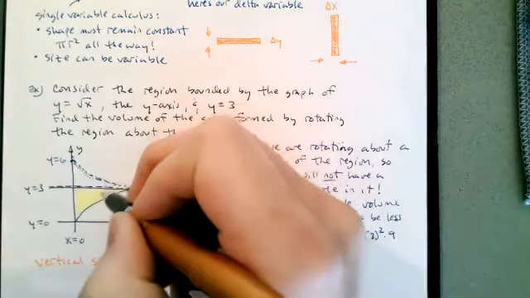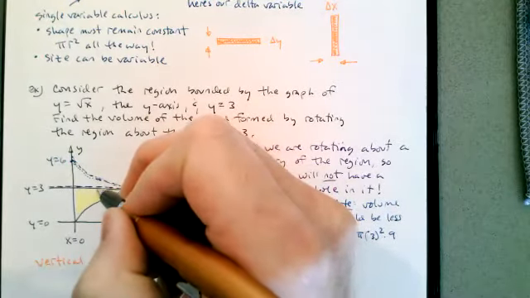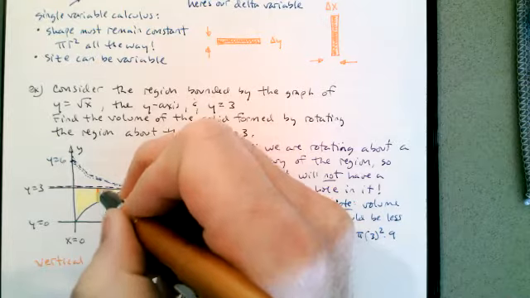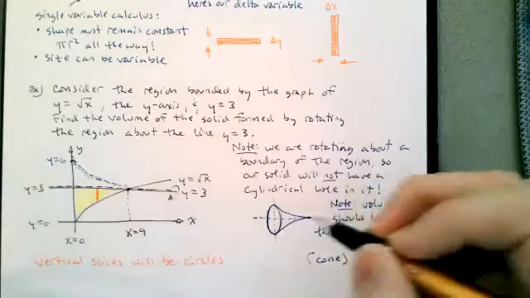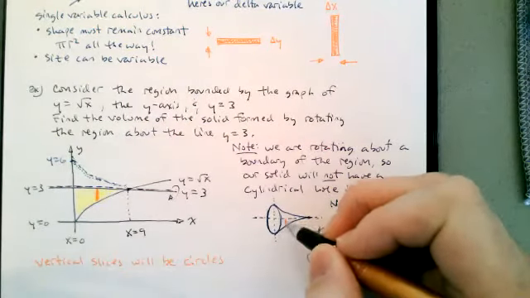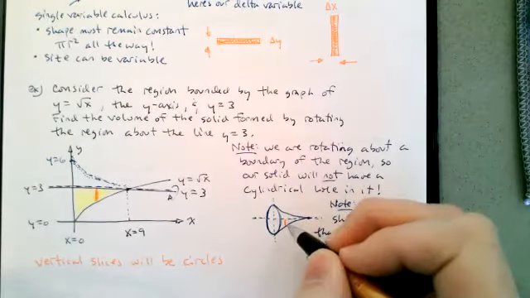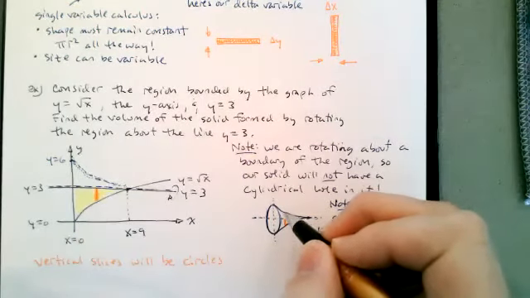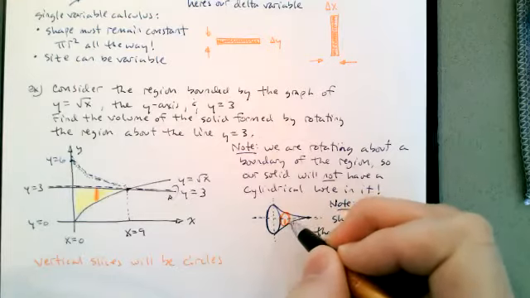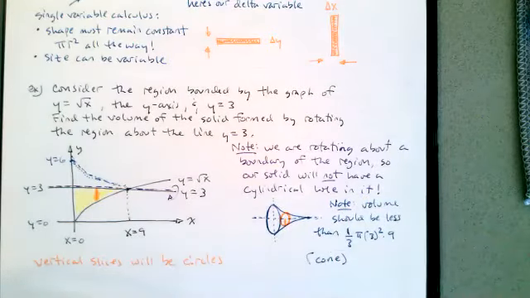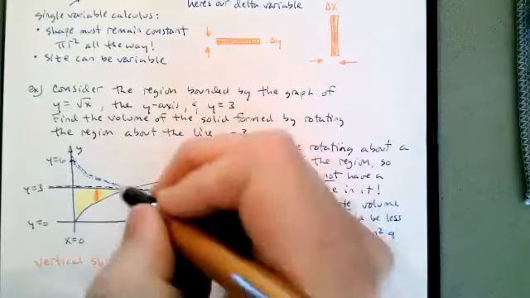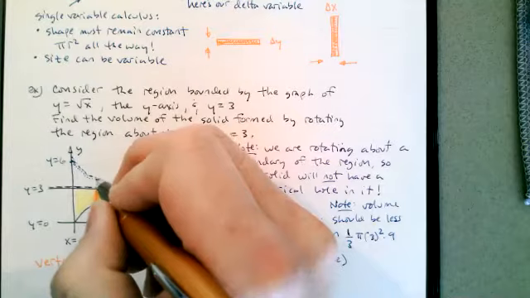So if I slice vertically here, and imagine this slice getting rotated around, I'm going to create a circle. And the part inside the shaded region is going to be the radius of the circle. So there'll be the rotated part of the circle above it.